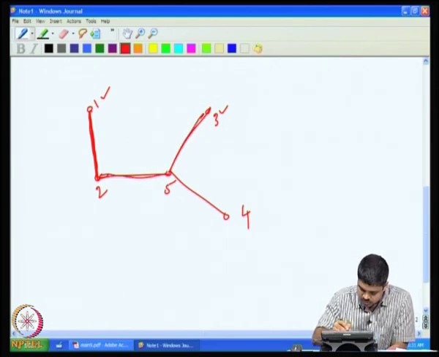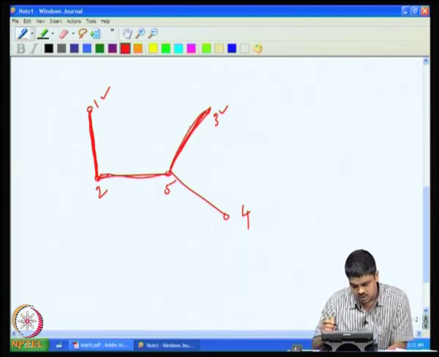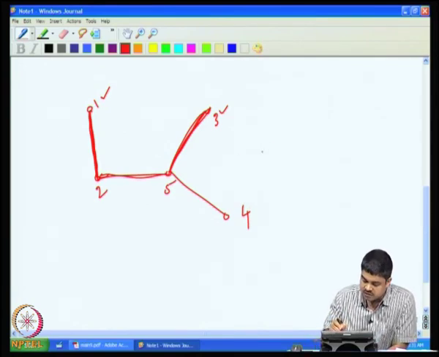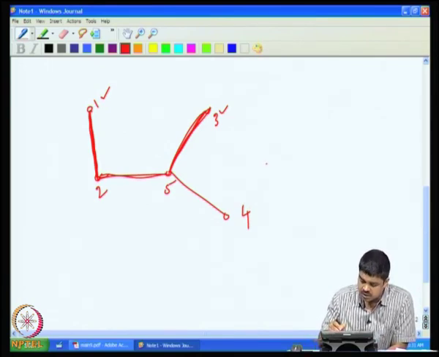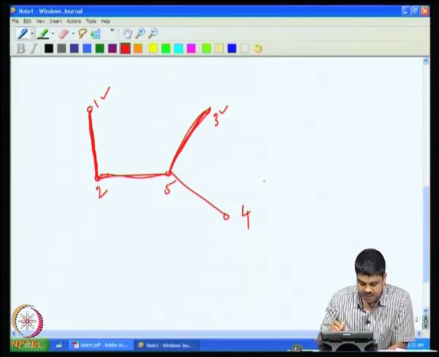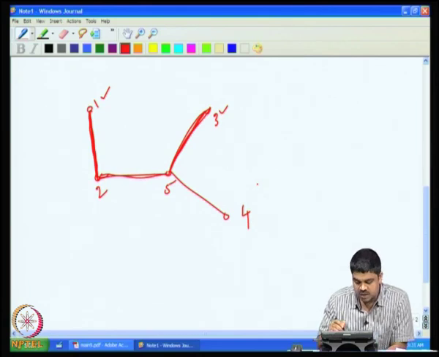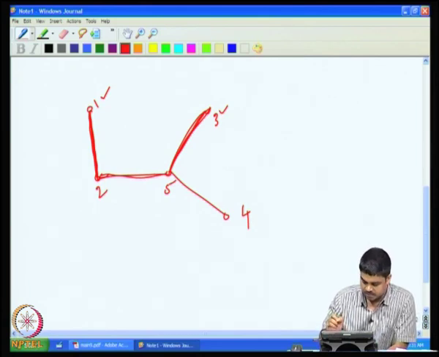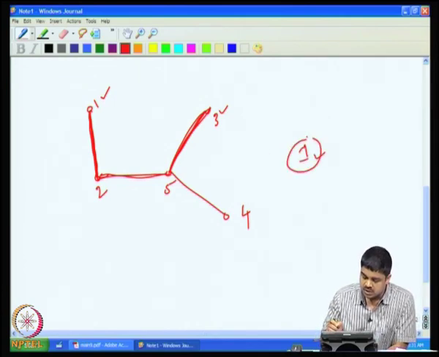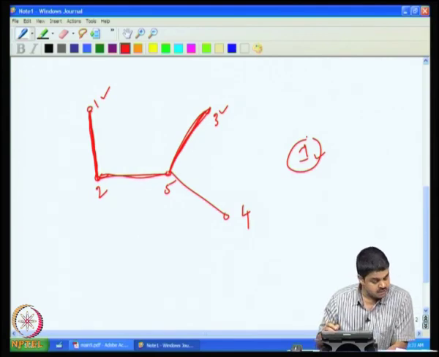So, any pair you consider has only one internally vertex disjoint path, and therefore the minimum over all pairs x y of the local connectivity will be 1. So, the connectivity of this graph is going to be 1.